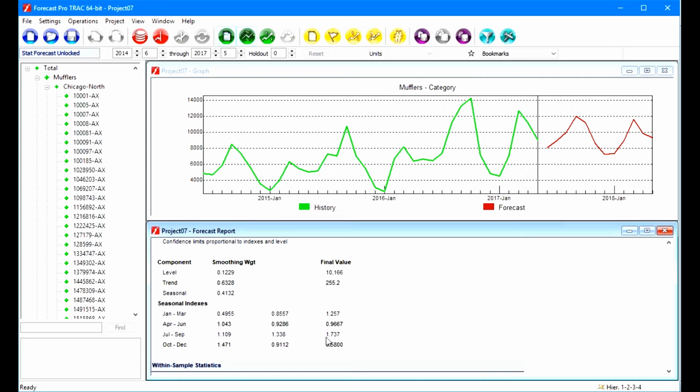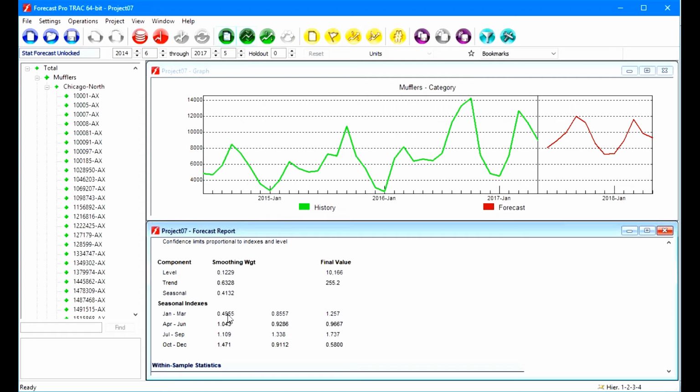So the idea of the seasonal indexes is that in a given month, we are adjusting the forecast up or down according to what month it is. So for example, our highest seasonal index here is this 1.74 essentially in September. So that means in September, we're going to increase sales 74% over what the average level is. Or in January, where we have our lowest index, about 0.5, we're going to adjust sales down by about 50%.